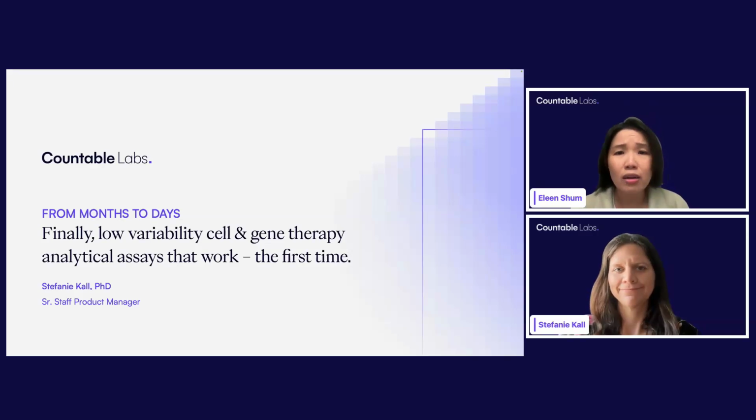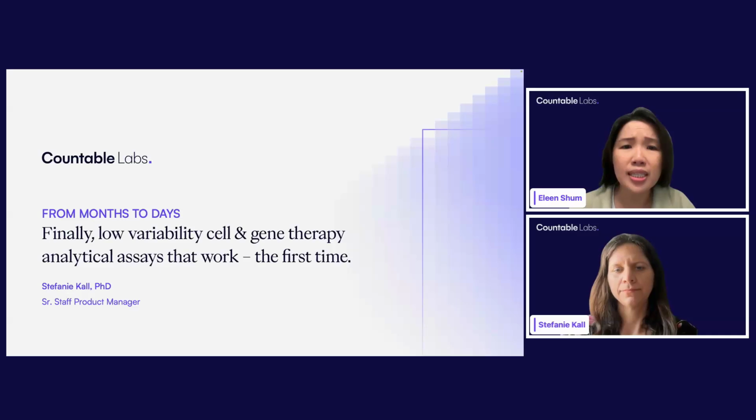So today, the topic is all about unlocking reliable, fast quantitation for cell and gene therapy workflows. Digital PCR promised absolute quantification, but the reality has been more complicated. Because of Poisson statistics, there's a lot of estimates, assay variability, and very slow assay development.